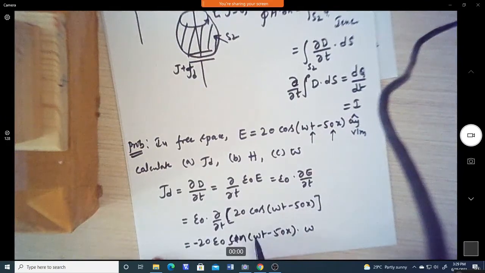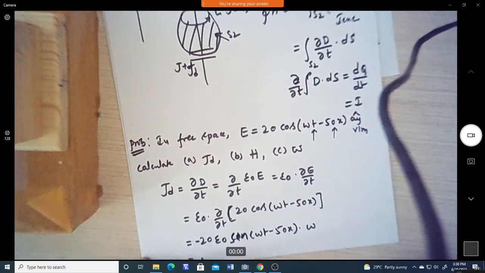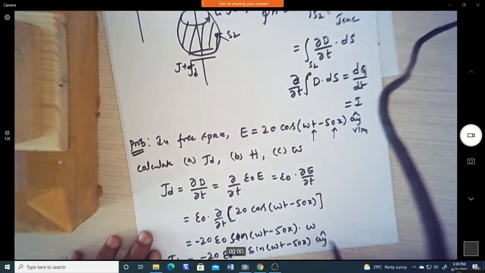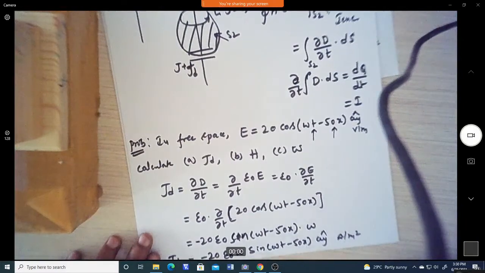So we are going to get minus 20 epsilon naught omega sine of omega t minus 50x. Now this is the displacement current density we are going to get, in the direction of AY, ampere per meter square.